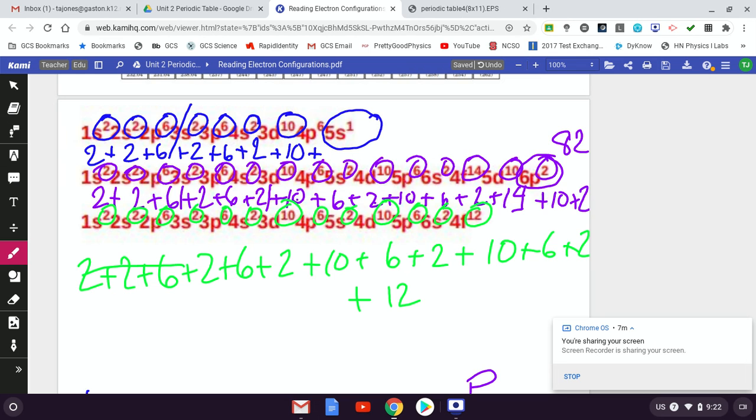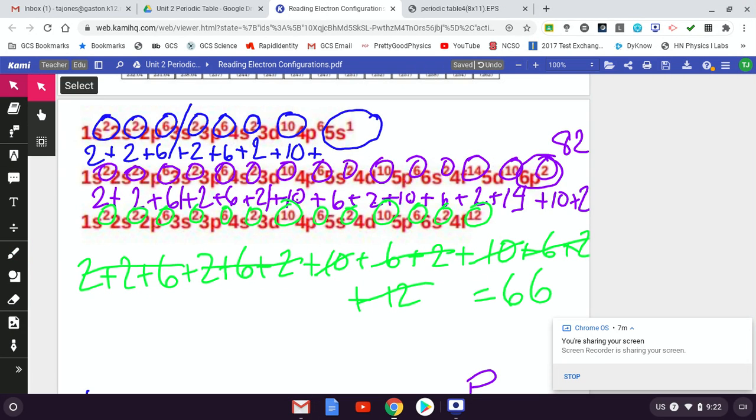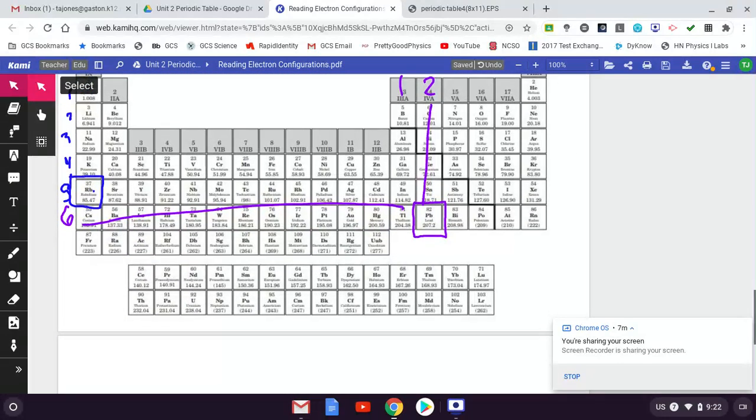All right, that's 10, 20, 30, 38, 48. 48 plus 8 is 54, plus 12 is 66. Let's see if I got that right. 66. Where is element number 66?